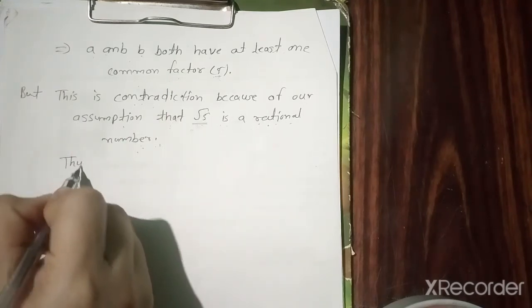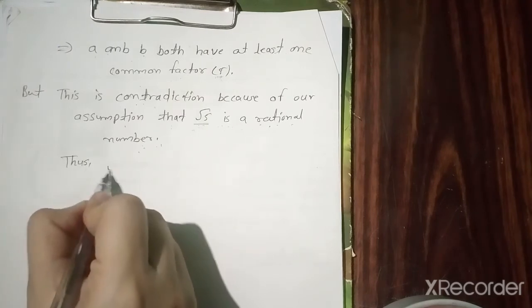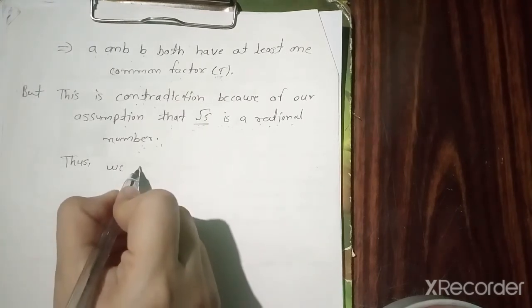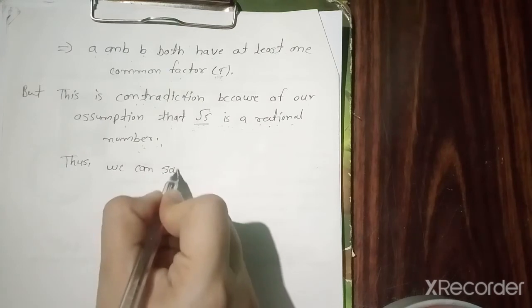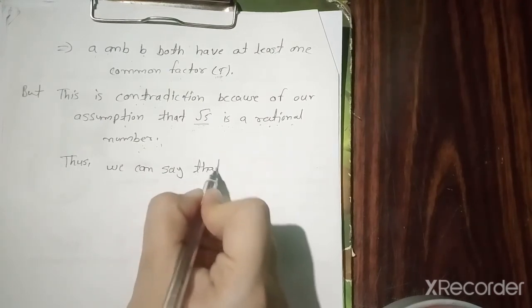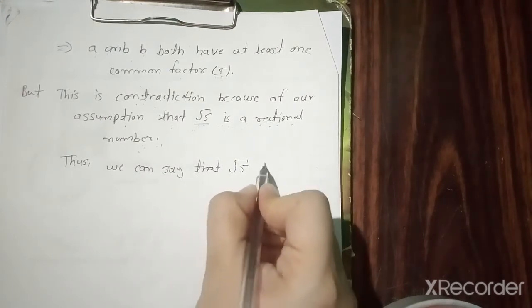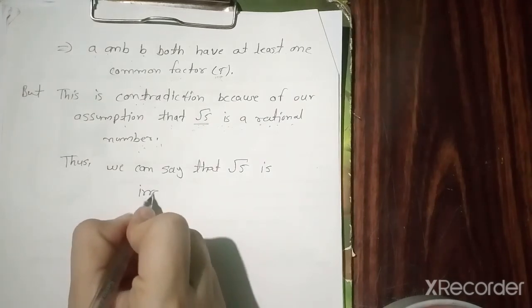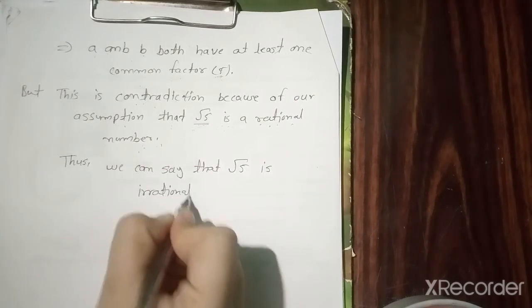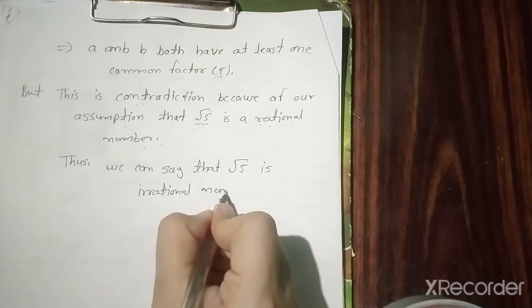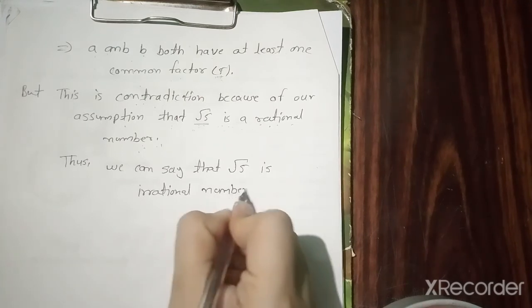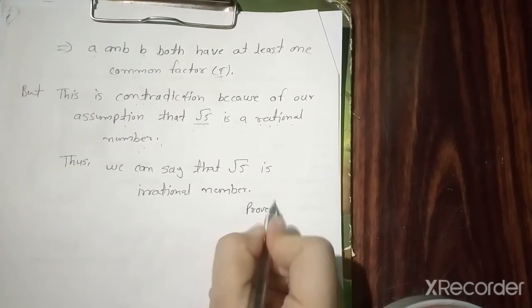Thus we conclude that root 5 is an irrational number. Proved.